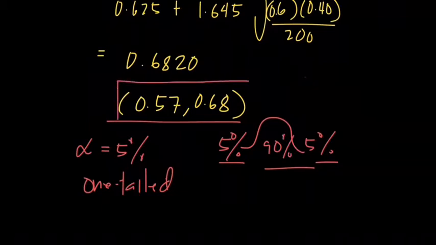Okay, so this is our estimate of the proportion that is directly related to the test of hypothesis using alpha equals 5%. Meaning to say, the proportion cannot be 70%. It cannot be 69% because it could only go as high as 68%.